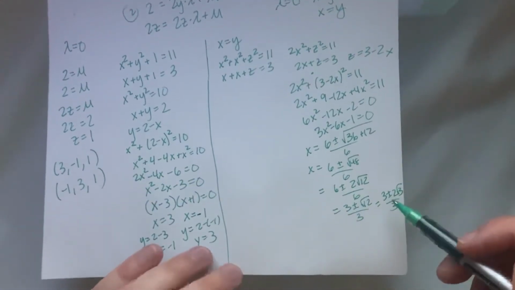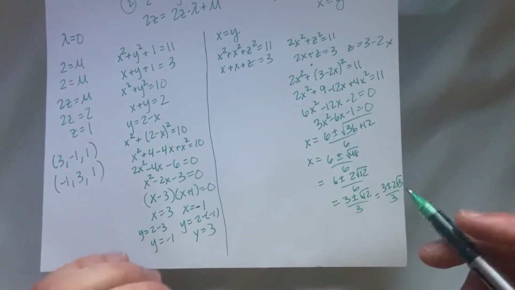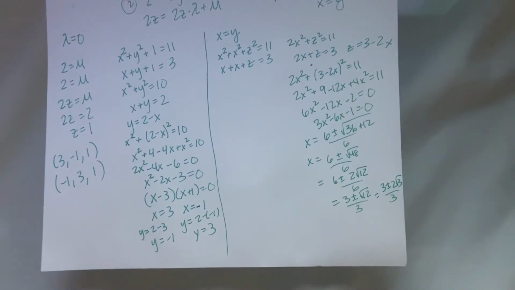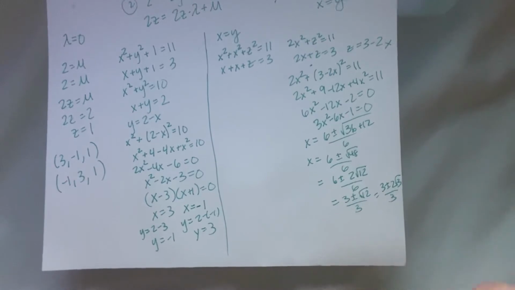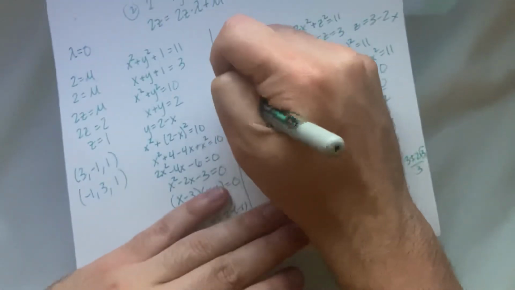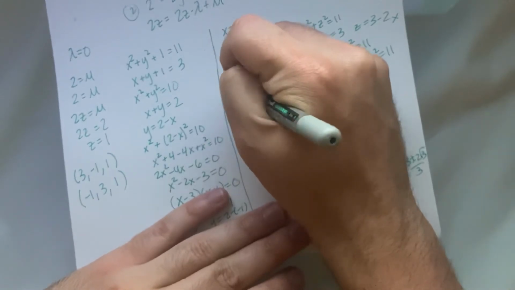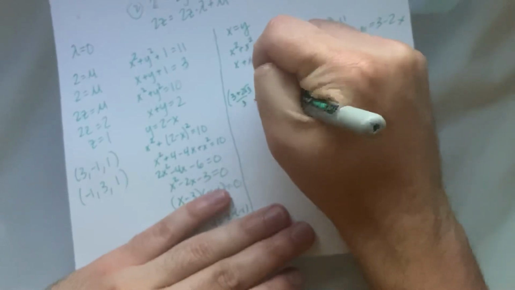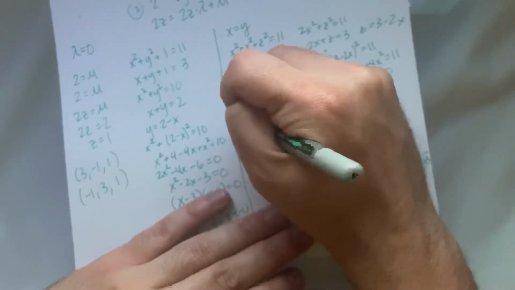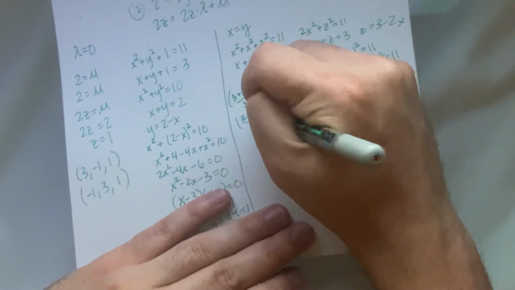And we know that x equals y, so that's for both x and y. Now the only thing that we don't know, so that means either x is 3 plus 2 square roots of 3, or it's 3 minus, and y corresponds respectively. So we've got 3 plus 2 square roots of 3 over 3 for both, and we need to find what z is when it goes with it.